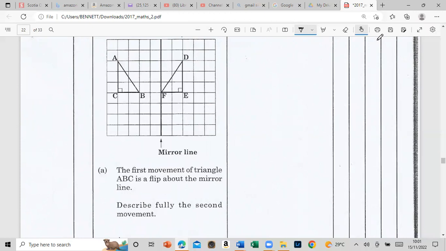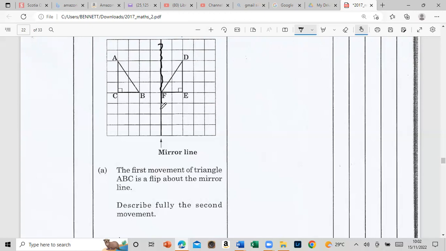Oh, they're saying that they flip it, they turn it around. So this is the mirror line.